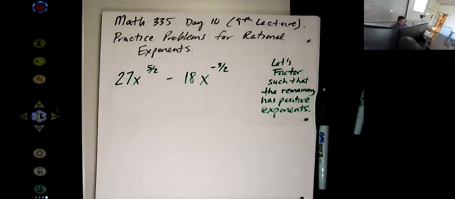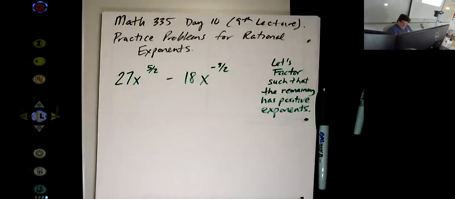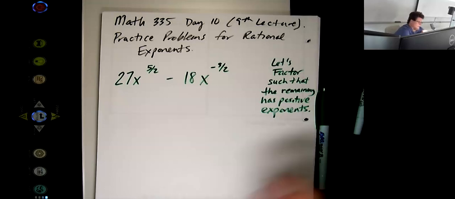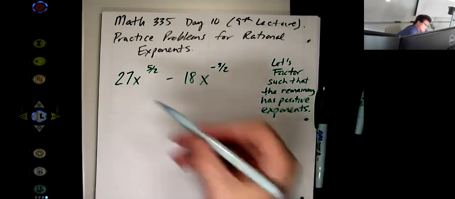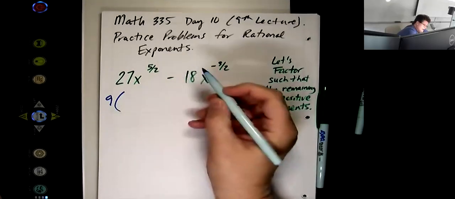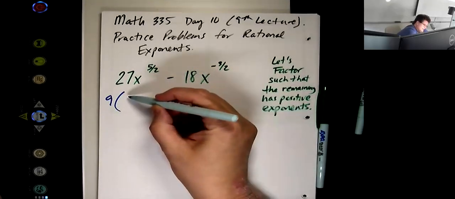Were you able to do one of these, Pedro? I factored out 27 and 18, and I'm kind of just stuck there. Okay, they both have a 9 in common, right? So we take out a 9, and that'll leave you a 3 and a 2.